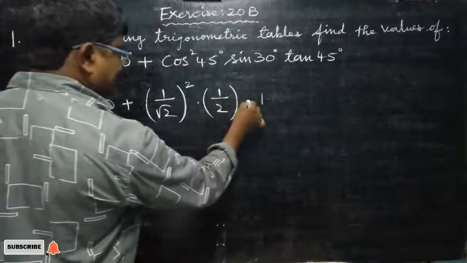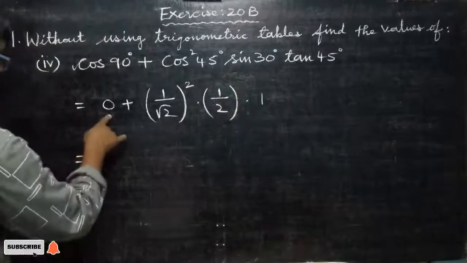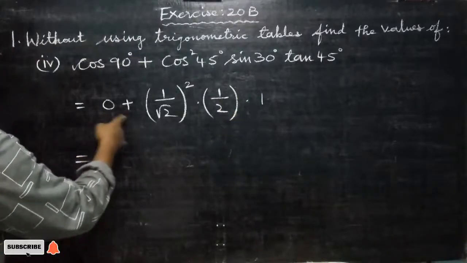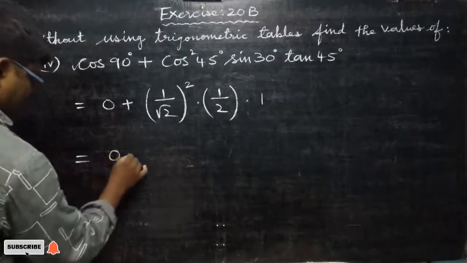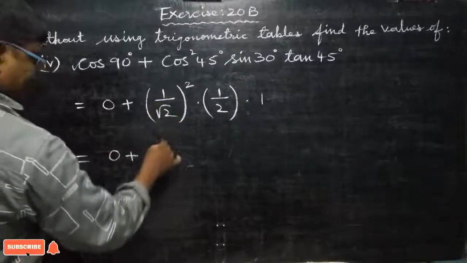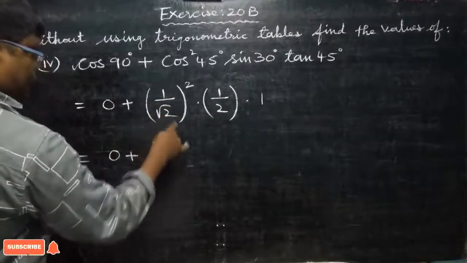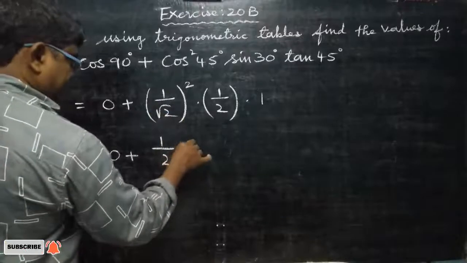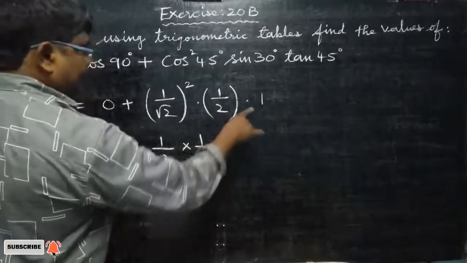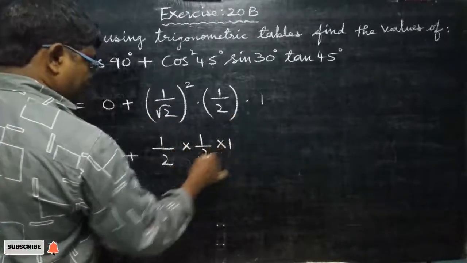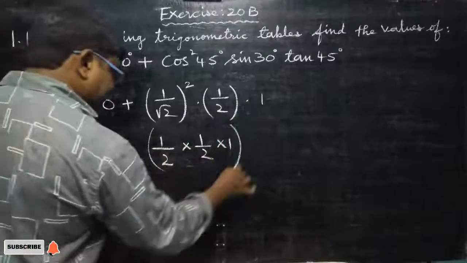Dot indicates multiplication. So if you write 0 plus, or not writing also, no problem. 0 plus 1 square means 1. Root 2 into root 2 is 2, into 1 by 2. If you write into 1 or not writing also, no problem. So this is all one term.